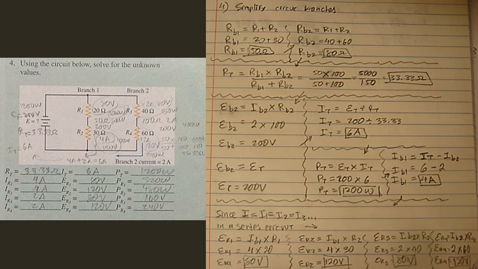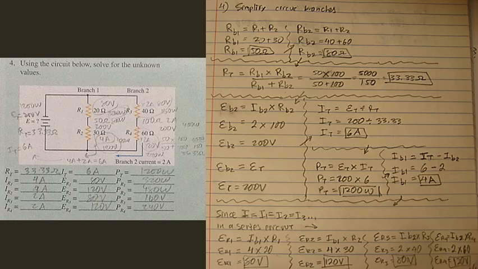The next step is basically figuring out what our branch current is for branch 1, which is the one that's not given, and we simply subtract our current total minus branch 2 current, and whatever's left must be our current at branch 1.